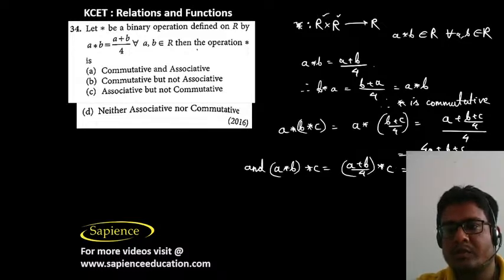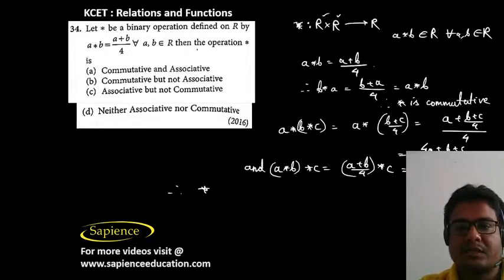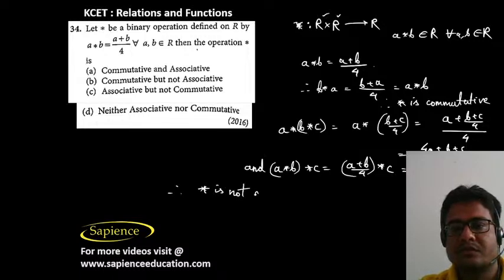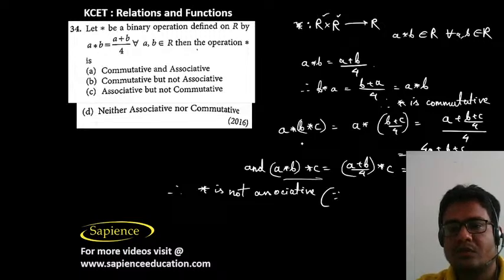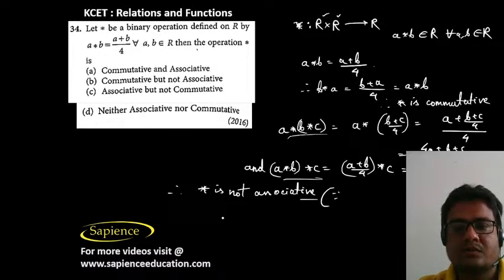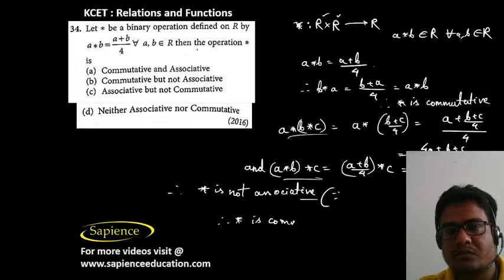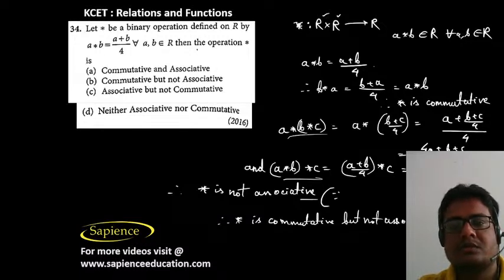So that would be (A plus B plus 4C) by 16. So they are not the same for all values of A, B, C. So therefore we can say that star is not associative, since these two are not equal, since A star (B star C) is not the same as (A star B) star C. So therefore the operation star is commutative but not associative. So the correct answer is option B.